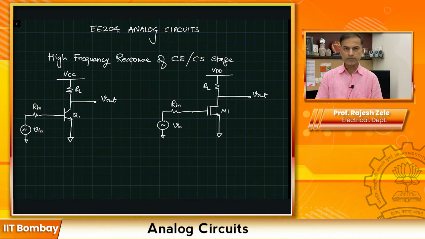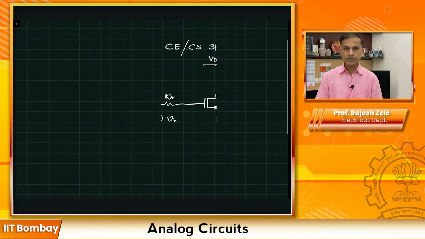So for BJT case, we have C mu, which is going from base to collector. We have C pi, which is going from base to emitter, and CCS is from collector to the substrate. We are also going to show a load capacitance CL over here.